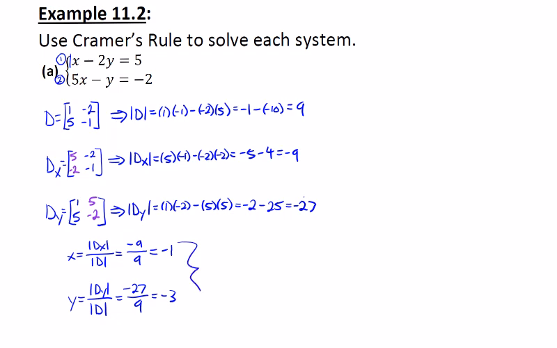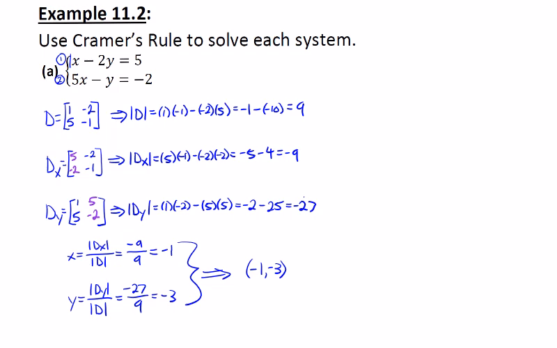So the x and the y should come together, giving you the proposed solution negative 1, negative 3. As I mentioned before, if you follow this process it should just spit out the answer without you having to do any additional elimination or substitution technique.